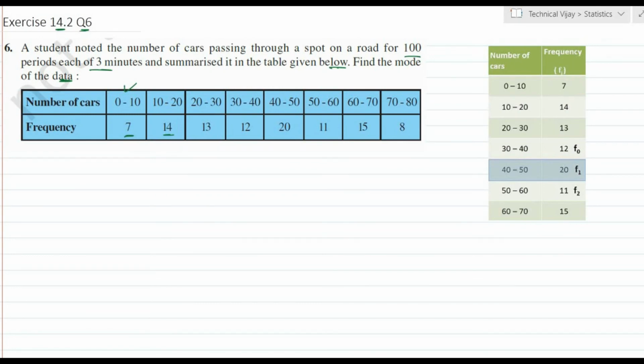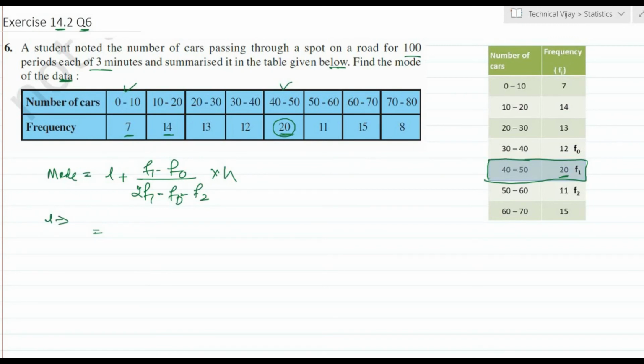Here we have to find the highest frequency. See here 7, 14, 13, this 20 is the highest frequency, and this is considered the modal class. Hence I have considered 40 to 50 as the modal class. The frequency is equal to 20. We know the formula for calculating the mode is L plus F1 minus F0 divided by 2 F1 minus F0 minus F2, into H. Here L is the lower class limit of the modal class, that is L is equal to 40.